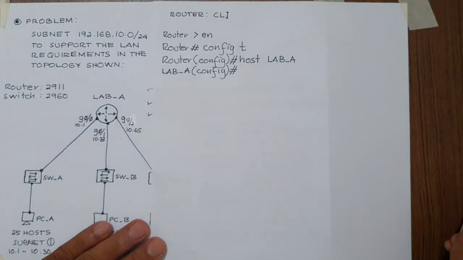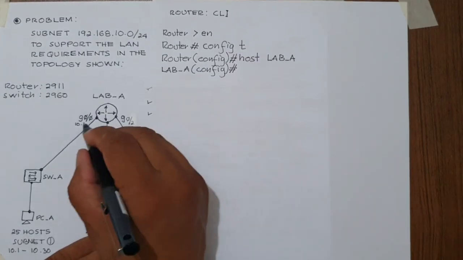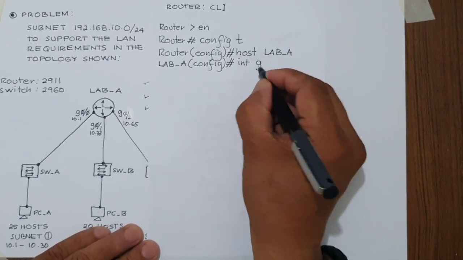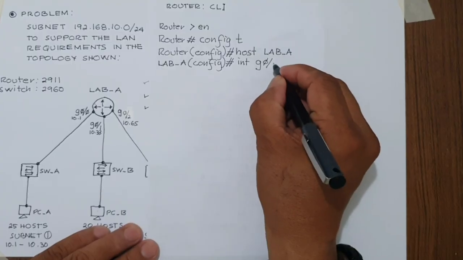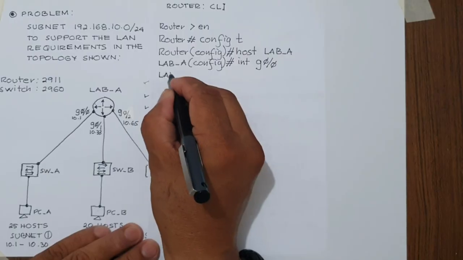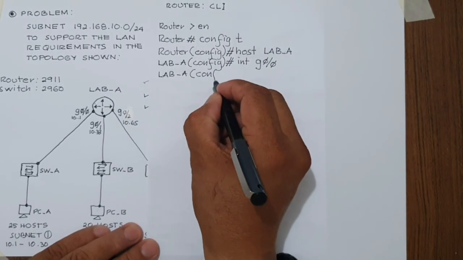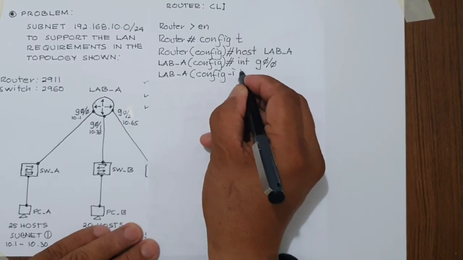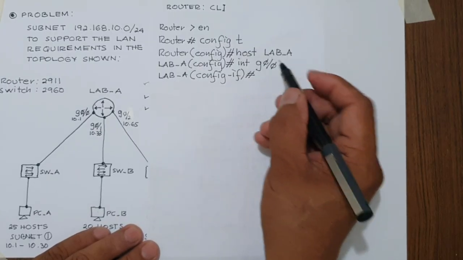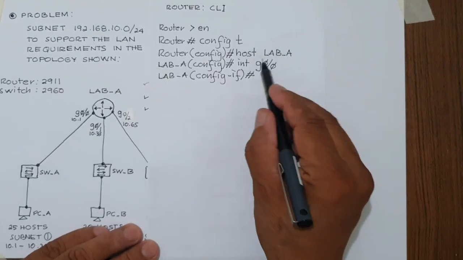Now from the global mode, we go to the specific interfaces. So let's start by entering interface GigabitEthernet 0/0, and as we press enter, we'll notice that the prompt now changes to config-if, which is a manifestation that we are now inside this interface, and the commands that we execute here will affect only this interface.